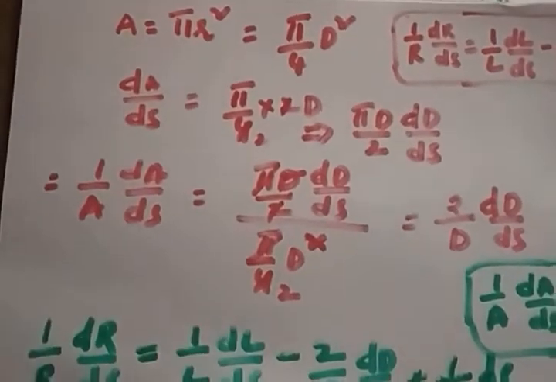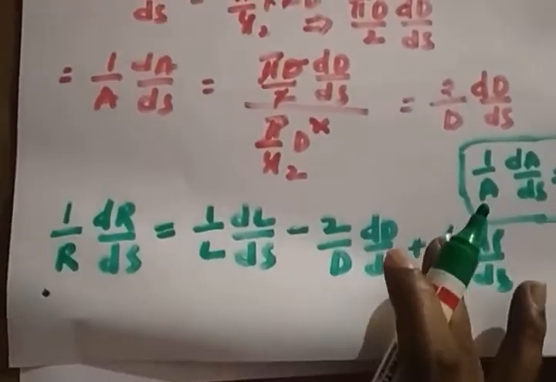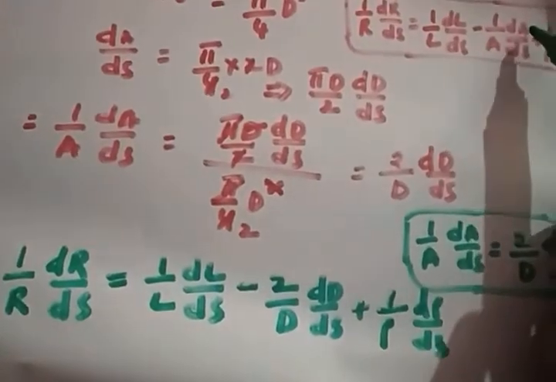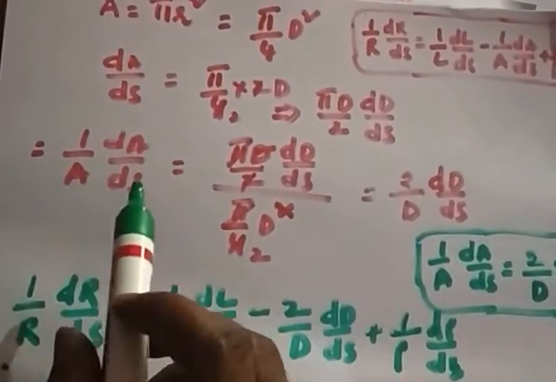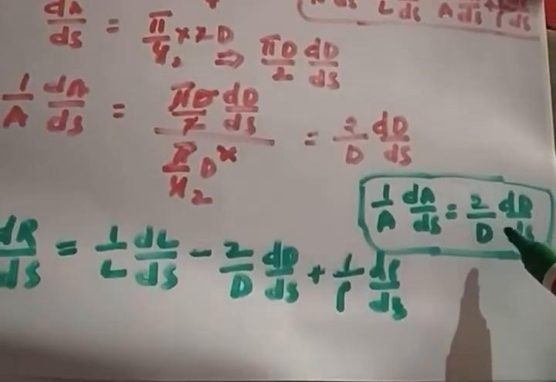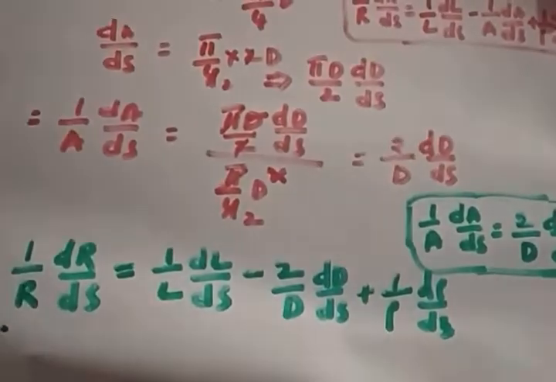Right? I hope it's clear. So nothing is there. You replaced A in terms of D. So how you can calculate 1 by A dA by ds? You will get 2 by D dd by ds. Hope it's clear.